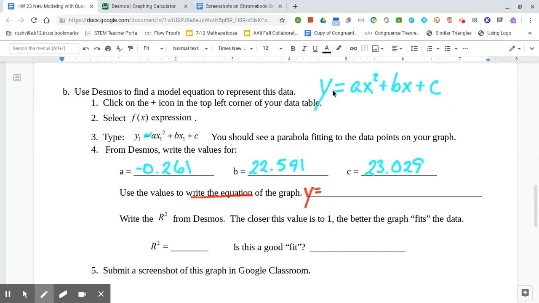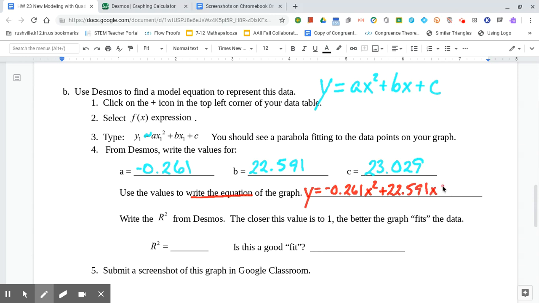So we have y equals, it says ax squared, so we have an a value now of negative 0.261 x squared. B is right there in the middle, so we have plus bx, which is going to be plus 22.591x.